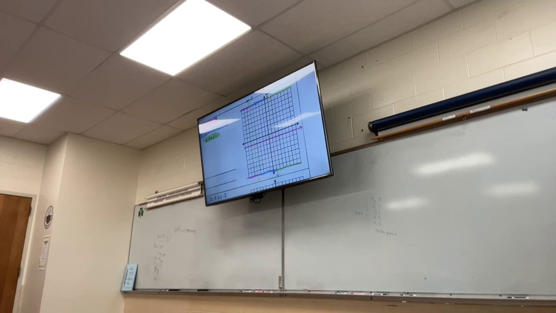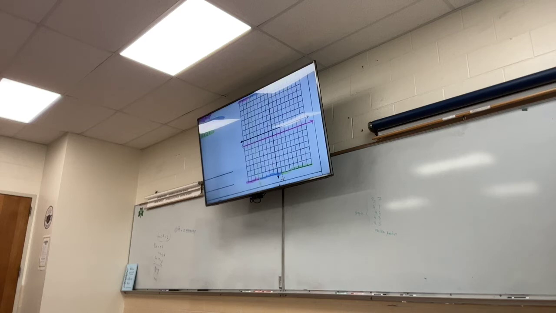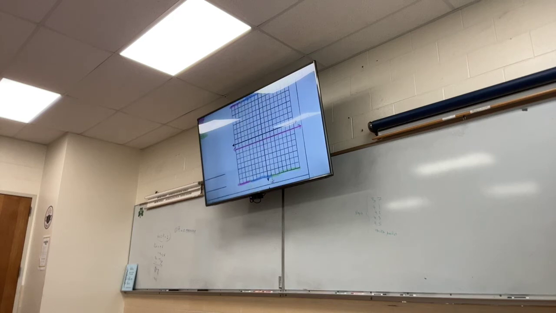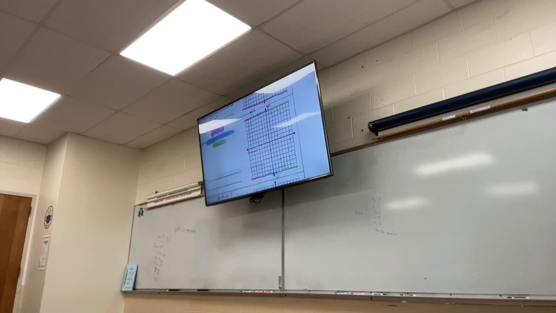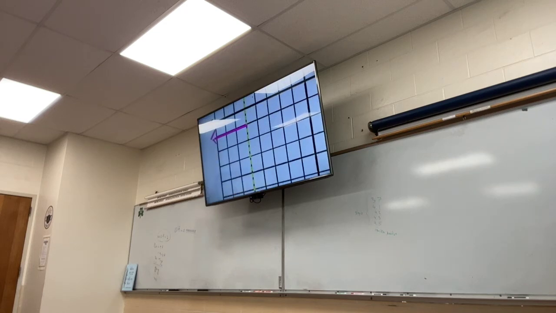And again, we only want our pink line to be in the pink region, so we're just going to go ahead and erase the pink line everywhere it's outside the pink region. And then right here on the boundary line is my pink function.